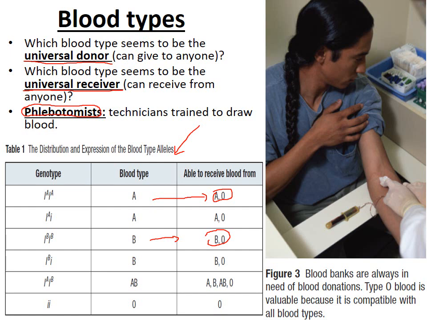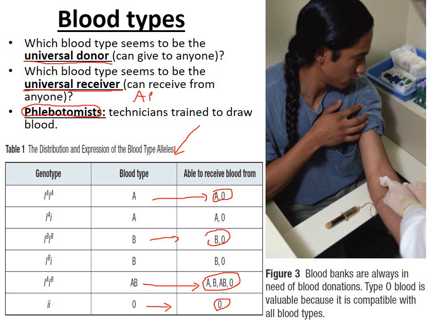But let's look at blood type O. Blood type O can only receive from O, so that's not a universal receiver. But blood type AB can receive from everyone. So because blood type AB can receive from everyone, that would be the universal receiver.